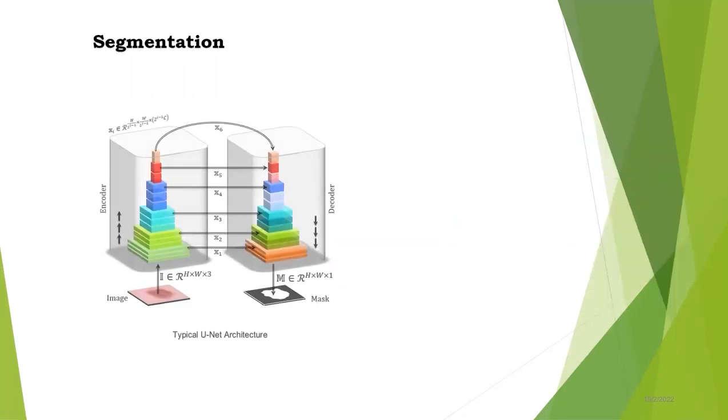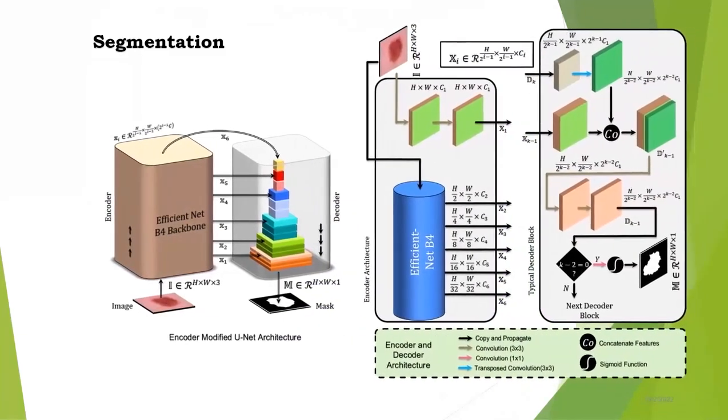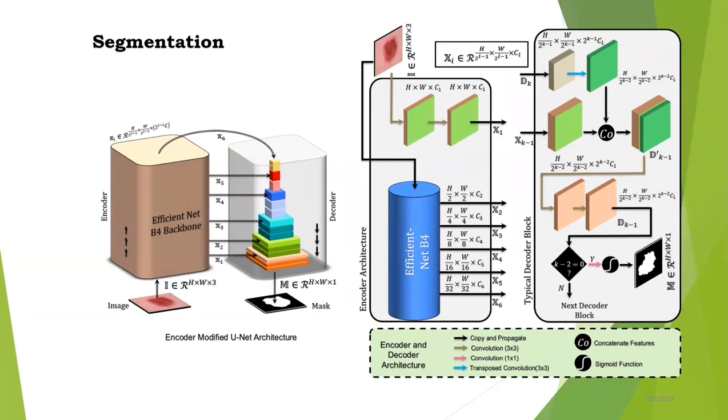For the segmentation network, we take inspiration from the U-Net architecture but change the encoder backbone with the EfficientNet-B4 network. To illustrate, the encoder architecture is formed by the double convolution from the first image to get X1, and X2 to X6 are found from the EfficientNet-B4 architecture.